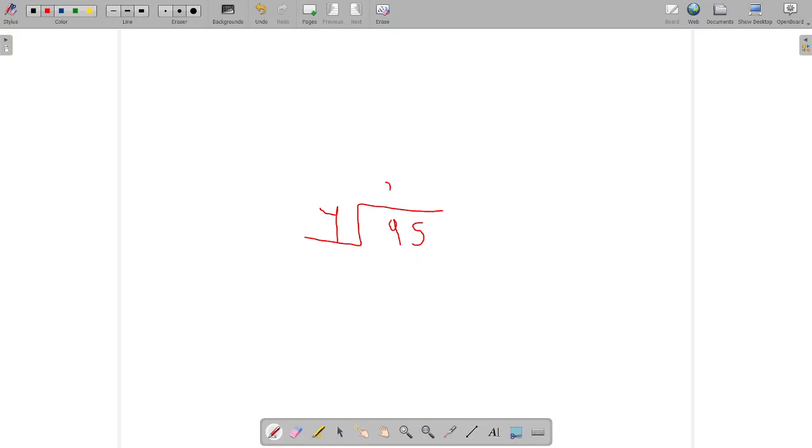That's 2. That's going to make an 8. And so there's a remainder 1. So I put a 1 here. Now it's how many 4's go into 15? And we know the answer for that is going to be 3. That's 12. And then there's going to be obviously remainder 3.